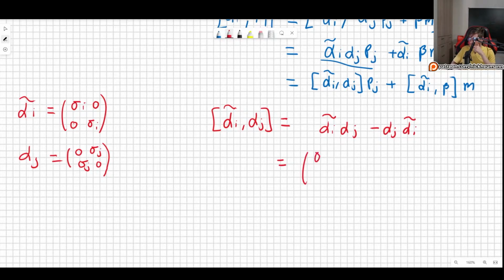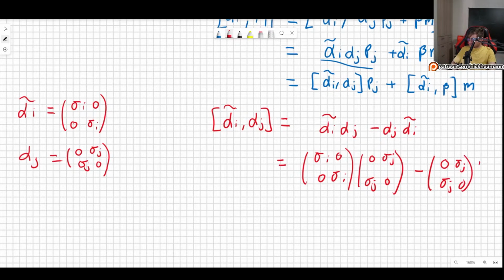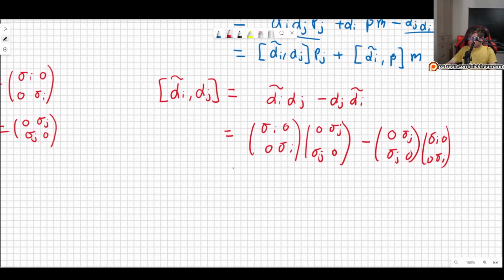So now we can just multiply these things. We get sigma I, 0, 0, sigma I, and then 0, sigma j, sigma j, 0, minus, and now the other way around: 0, sigma j, sigma j, 0, and then sigma I, 0, 0, sigma I. Okay, so now we just multiply through.